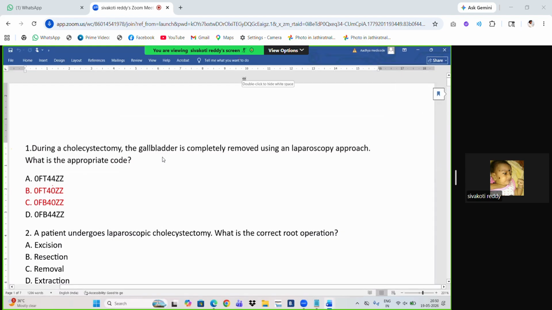In the first question, what is the fifth character? Tell me. Laparoscopic. What is the value? Percutaneous endoscopy. Four.